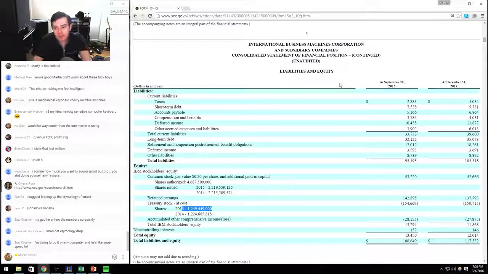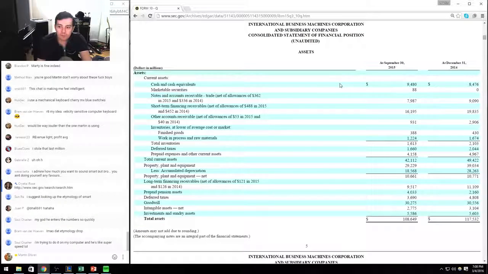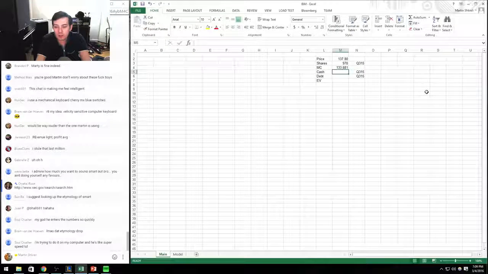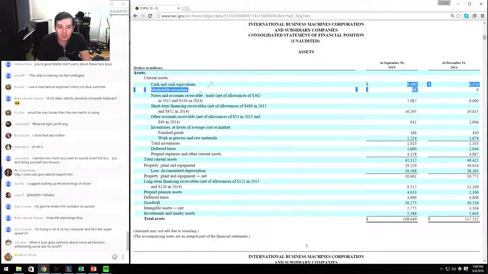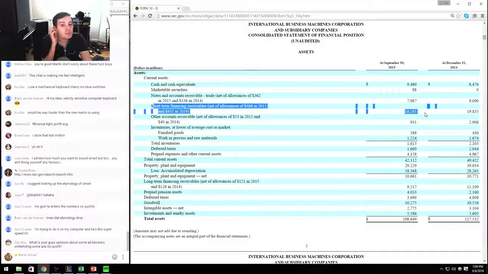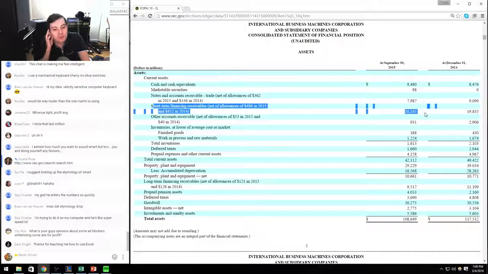How about cash and debt? All right, cash looks like they have $9,480 million and then 88 million in securities. So I include that 88 million. They have accounts receivable, financing receivables. That's interesting. How do we treat those?